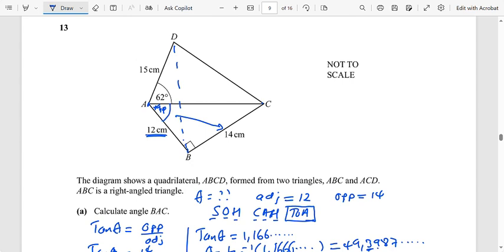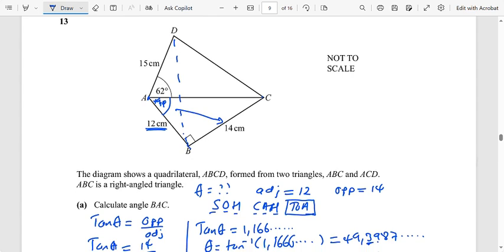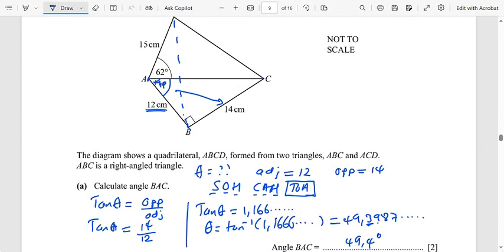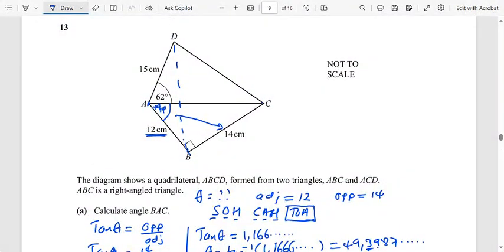So I'm figuring out that we need to use cosine rule since I only have one angle and two adjacent sides to that given angle in triangle ABD. So I'm looking for the side opposite to the given angle.